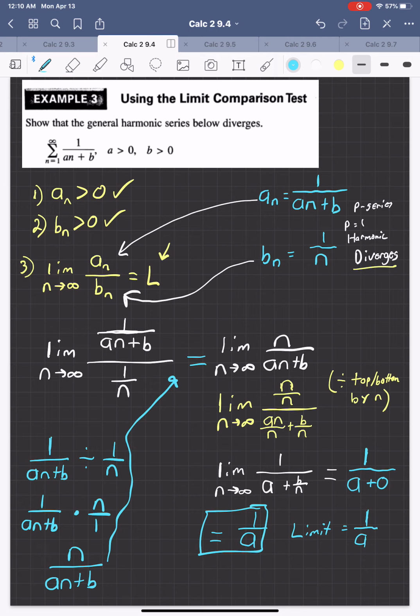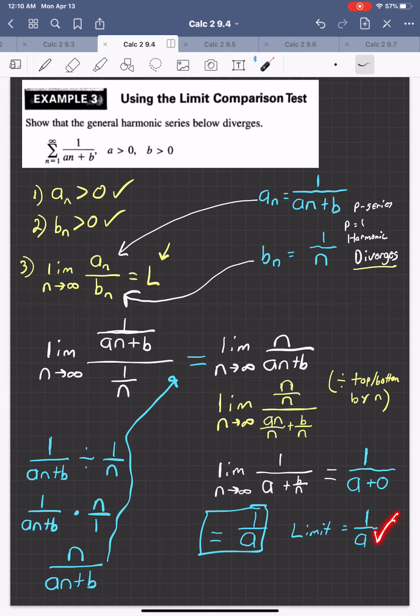Now, remember the limit had to be finite, and it had to be positive. So, let's start with the fact that a is greater than 0, so a is automatically going to be a positive number.